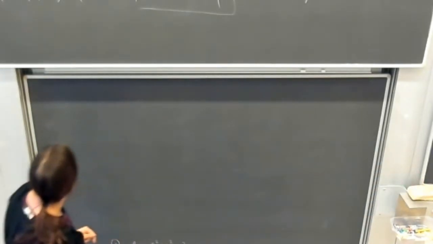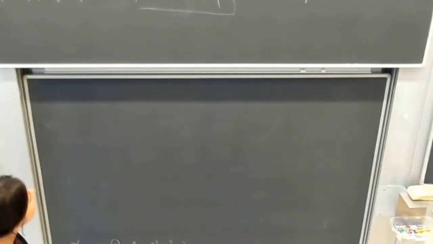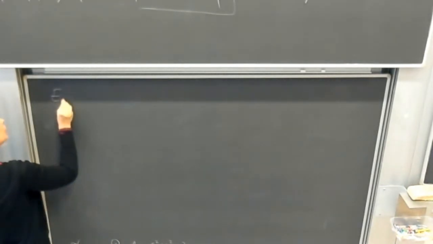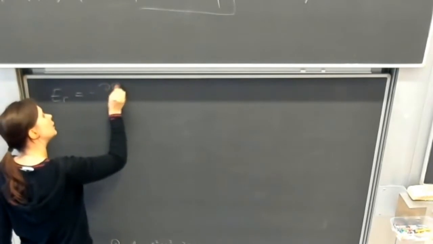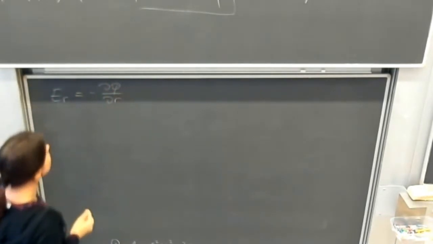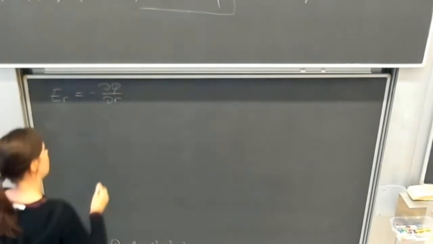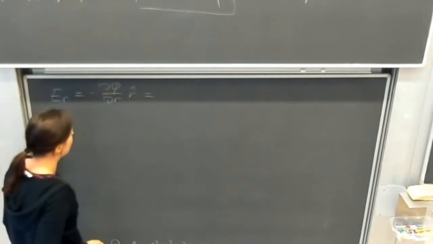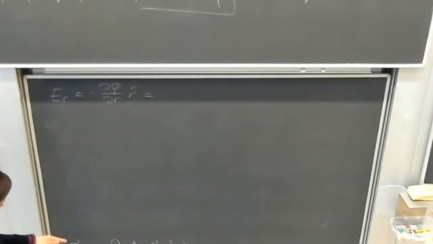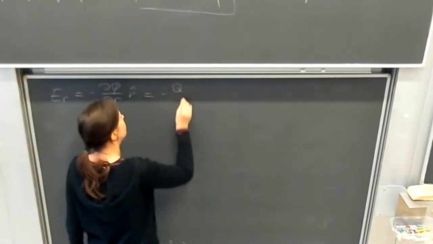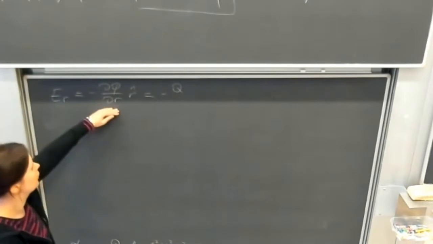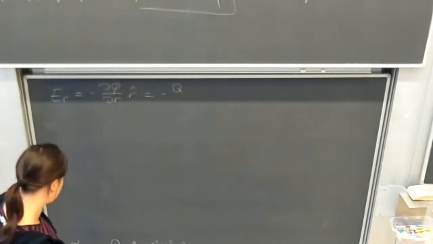So let's find each component of the electric field. Minus d phi dr in the r direction. So it needs a partial derivative over r.